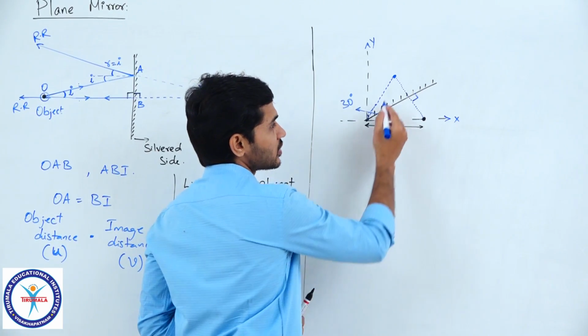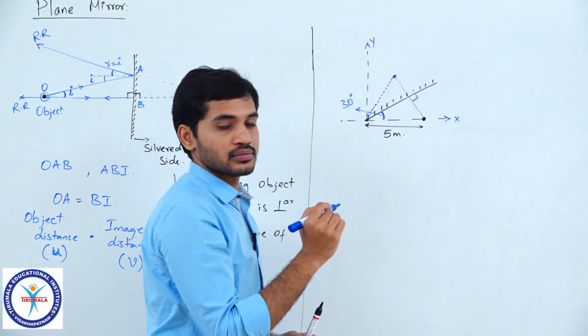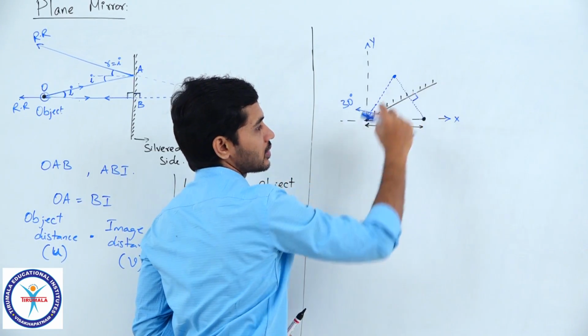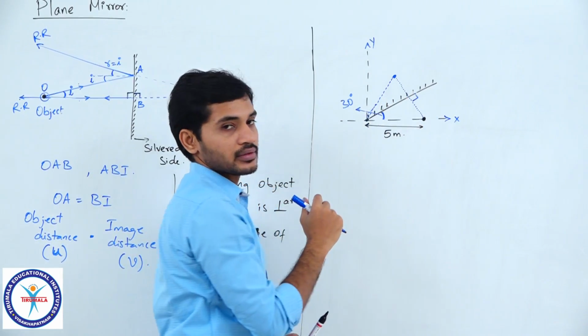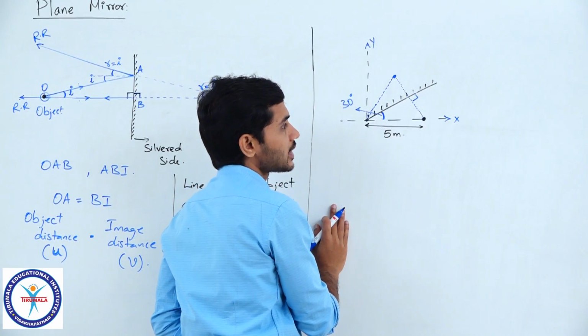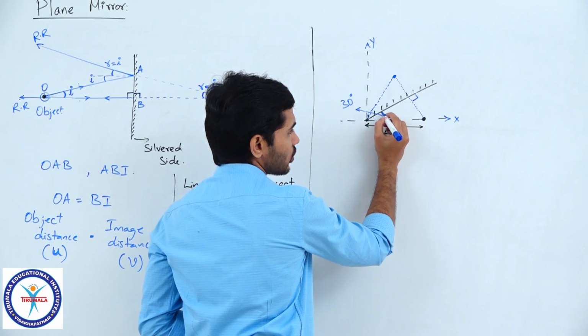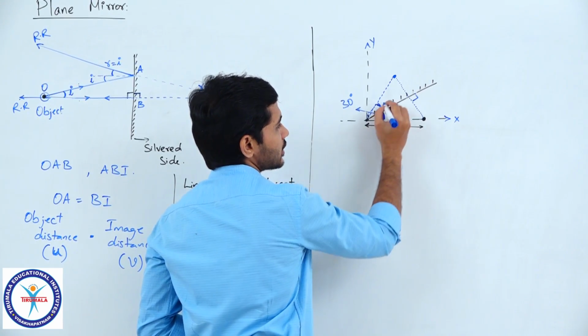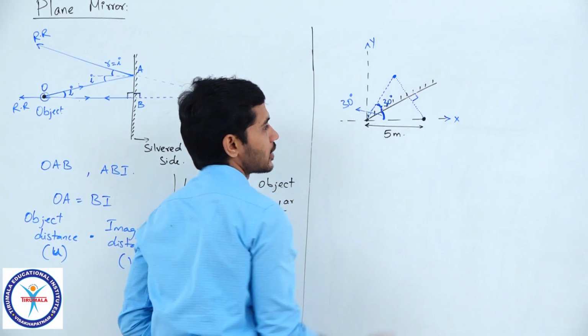So, these two are congruent triangles, right? 90 degrees, same length and same side for both the triangles. So, these two are congruent. Because this angle is 30 degrees, this angle here is also 30 degrees.